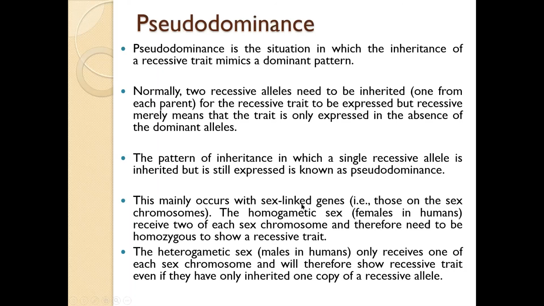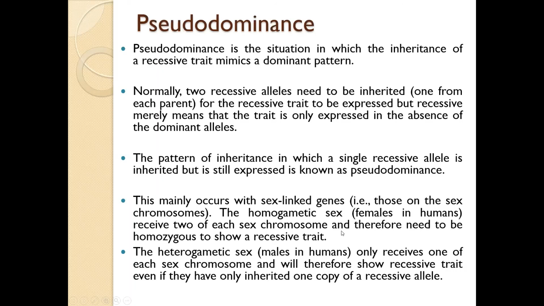This mainly occurs with sex-linked genes, those on the sex chromosomes. The homogametic sex, female in humans, receives two of each sex chromosome and therefore needs to be homozygous to show a recessive trait. The heterogametic sex, that is male, receives only one of each sex chromosome and will therefore show the recessive trait even if they have only inherited a single copy of the recessive allele.